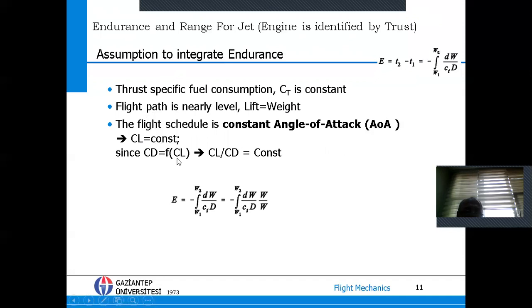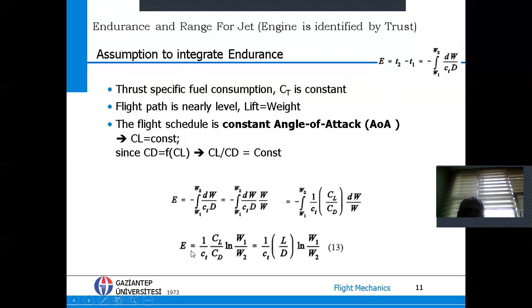Since CD is a function of CL, then CD is constant, CL over CD is constant, then I will go back to this equation. I can easily integrate. Of course, I need to replace W over D here. I can replace it by CL over CD, which is constant. Then I can make the integration very easy.